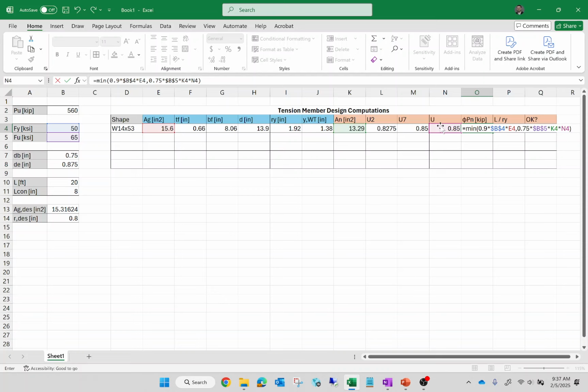All right, see what I did? Minimum of 0.9 times FY locked times AG, or 0.75 times FU times the net area times U. And the minimum.